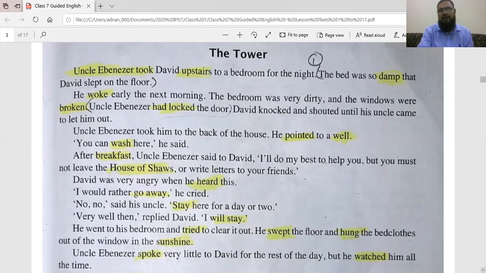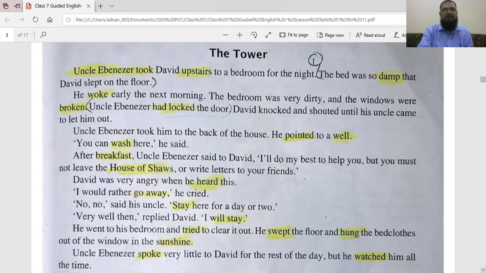The bedroom was very dirty and the windows were broken. Uncle Ebenezer had locked the door. David knocked and shouted until his uncle came to let him out. Uncle Ebenezer took him to the back of the house. He pointed to a wall. "You can wash here," he said.